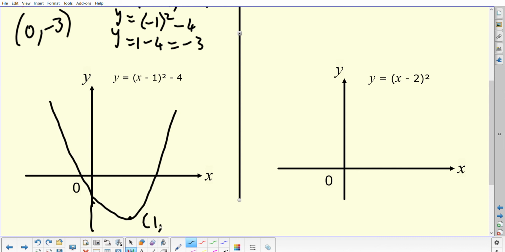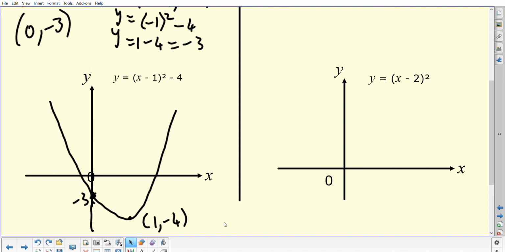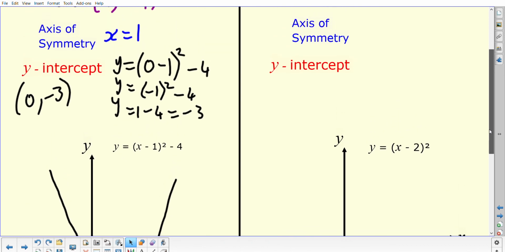And then this point here would be -3. I'll just move it. So this 0 here should be in the corner really. And that's your turning point and your y-intercept drawn.